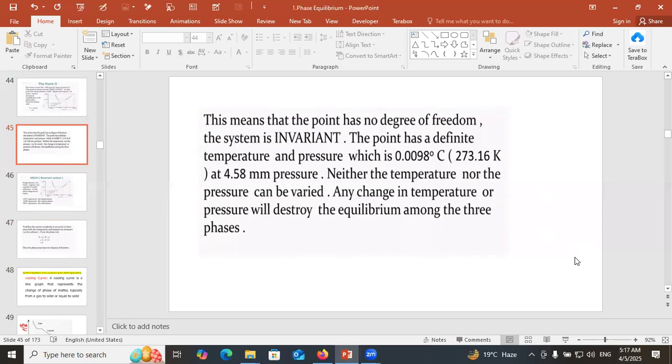The system is invariant. The point has a definite temperature and pressure, which is 0.0098 degrees Celsius at 4.58 millimeter pressure. Neither the temperature nor the pressure can be varied. Any change in temperature or pressure will destroy the equilibrium among the three phases.